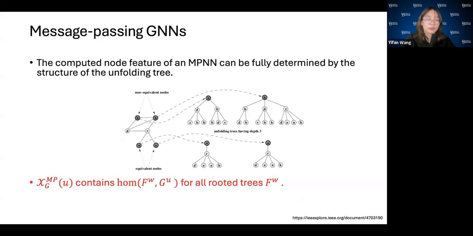So we can find that the representation of each node in the graph contains the homomorphism numbers of this node for all such rooted trees F.